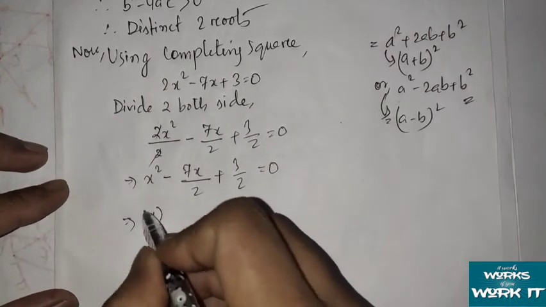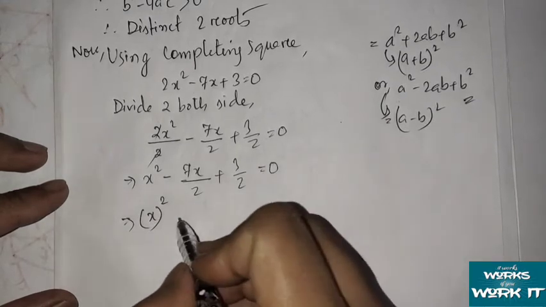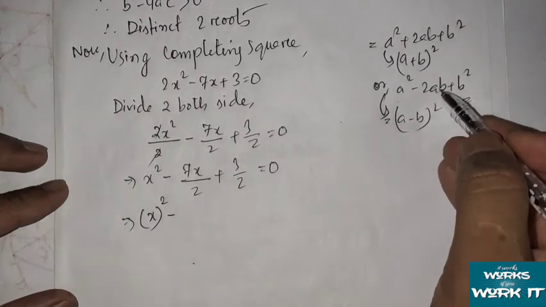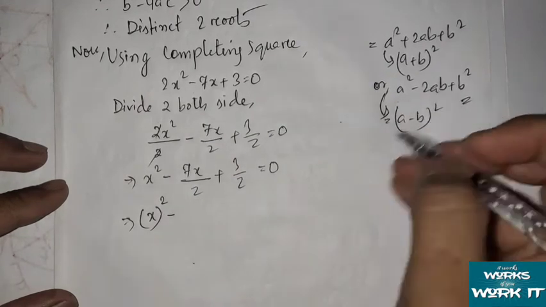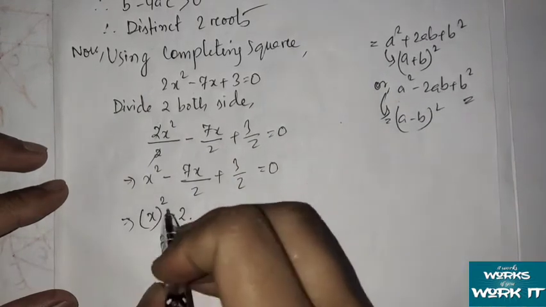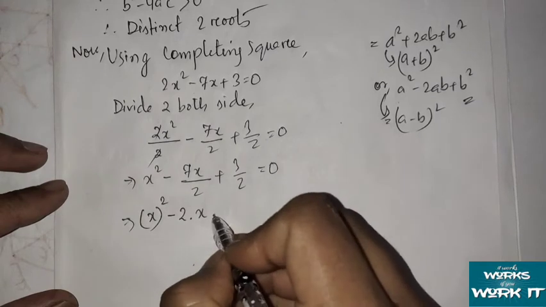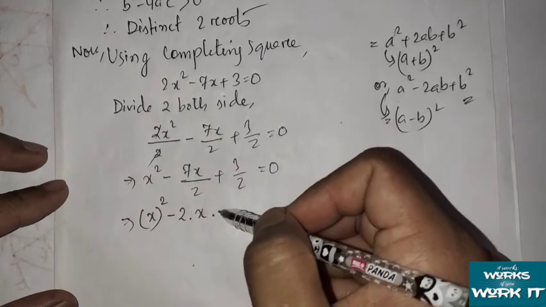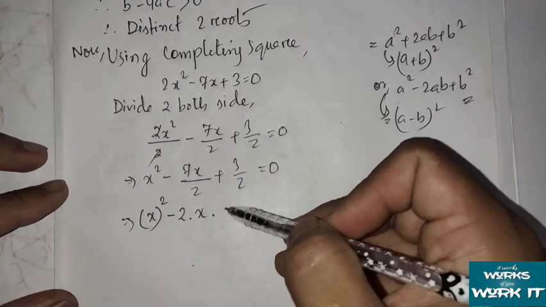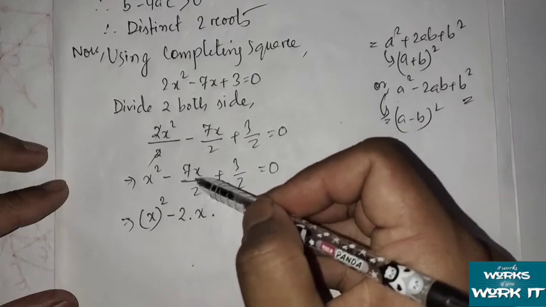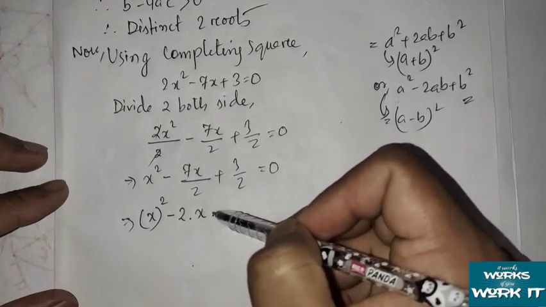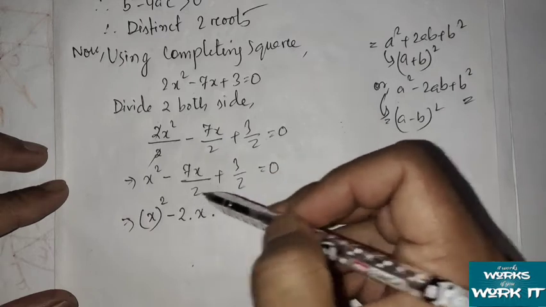So I am writing here, it is our a square. Now the next part, we need 2ab. So as it is in the formula already 2, what we have got as a is x, and now we need to fill up the b part. So b will be such a number that after multiplying in 2ab we need to get 7x by 2.